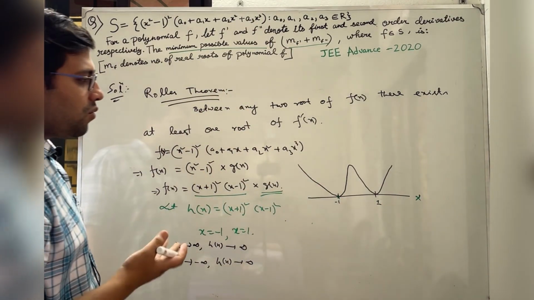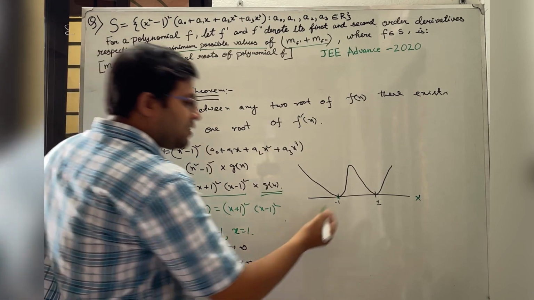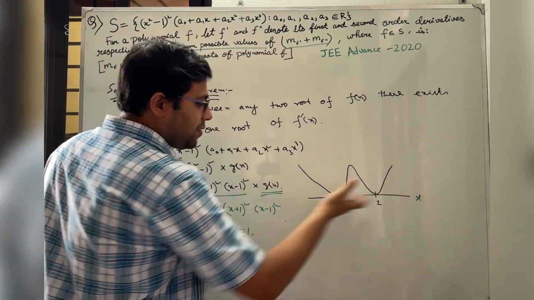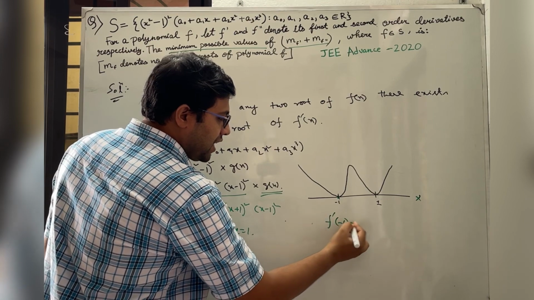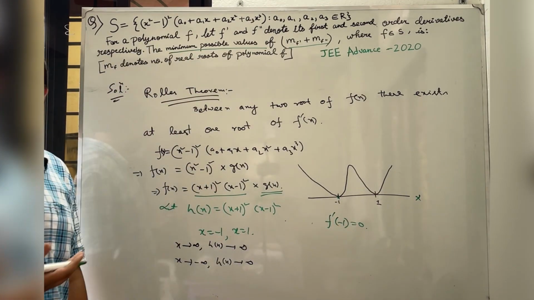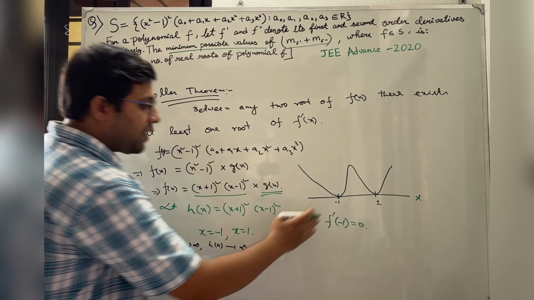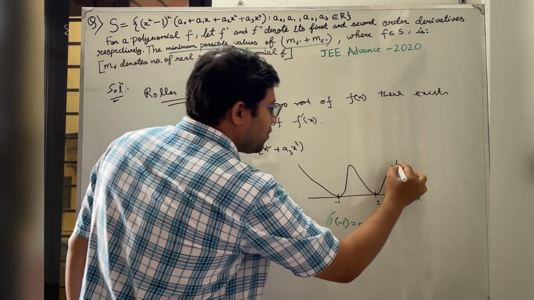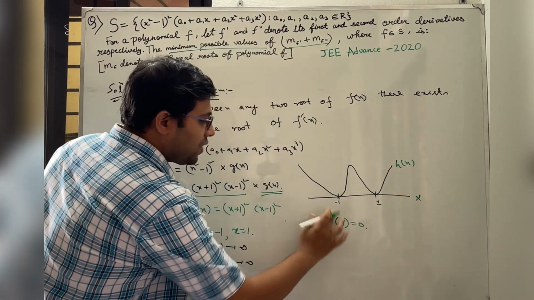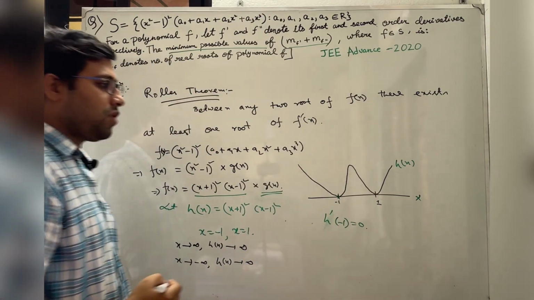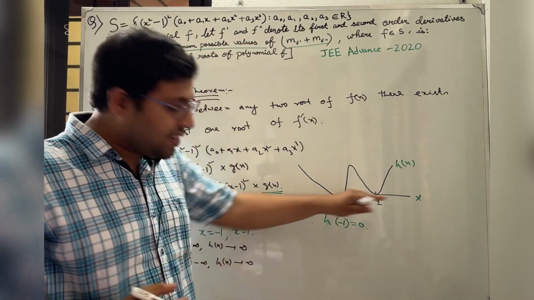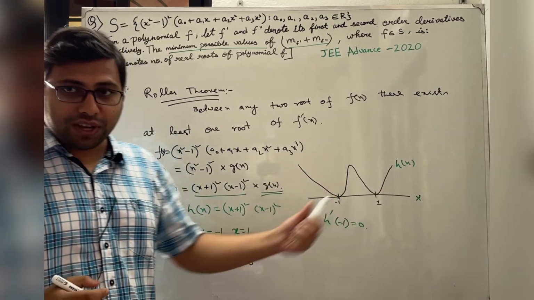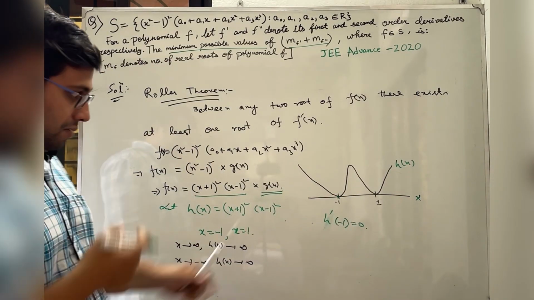Since the x-axis becomes its tangent, we can say that f dash minus 1 is equal to 0. Sorry, let this function be h(x), so h dash minus 1 will be 0, because at x equal to minus 1 the x-axis becomes its tangent for its multiple root.